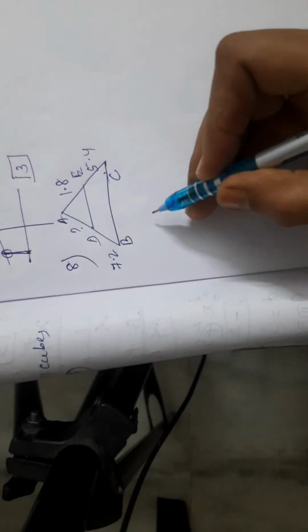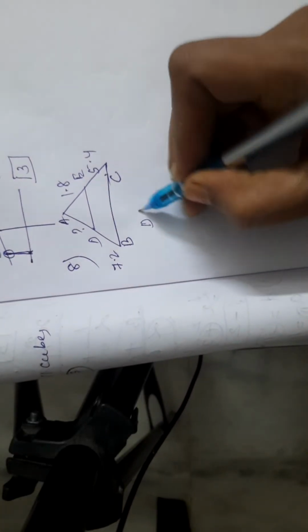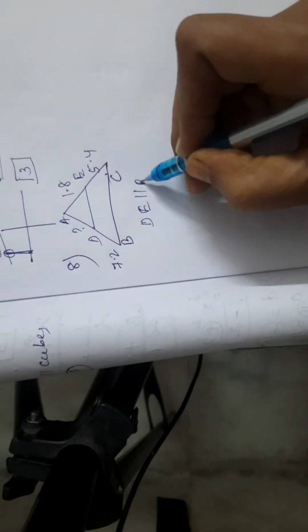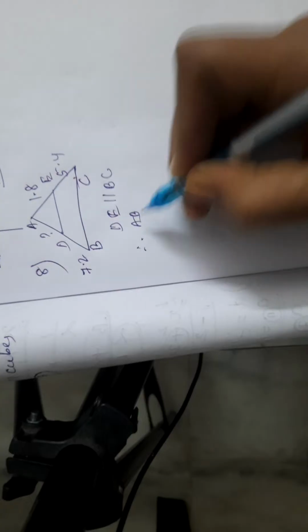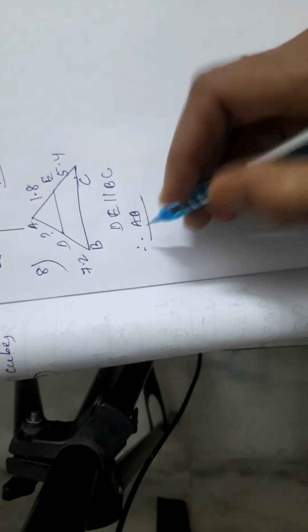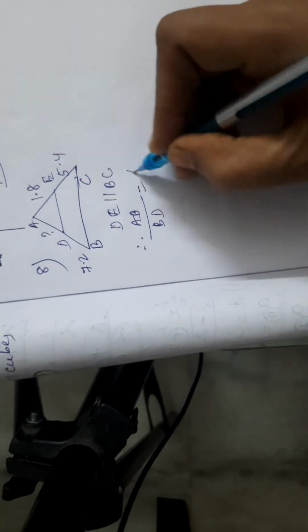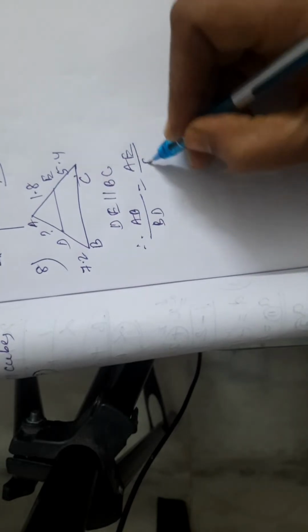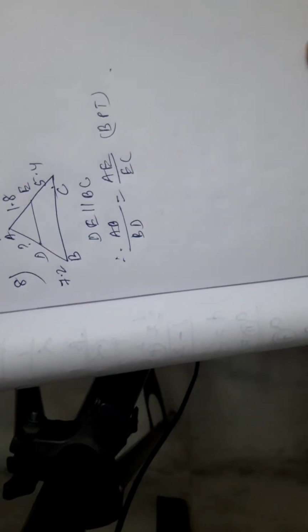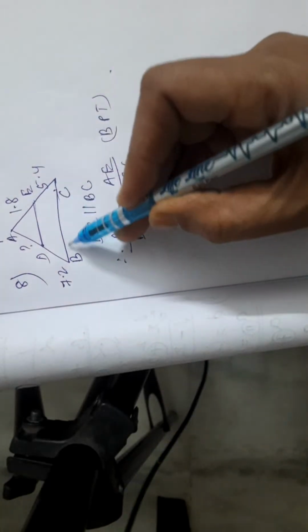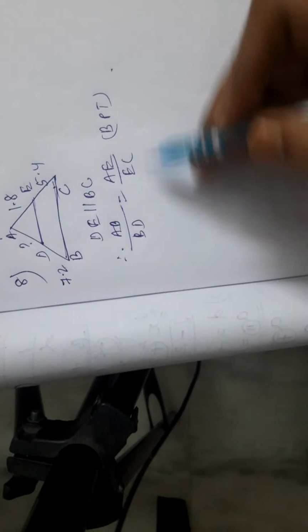So by BPT theorem, all of you know, if DE is parallel to BC, then AD upon BD will be equal to AE upon EC, that is by BPT theorem. If the lines are parallel, the sides' ratios are equal.